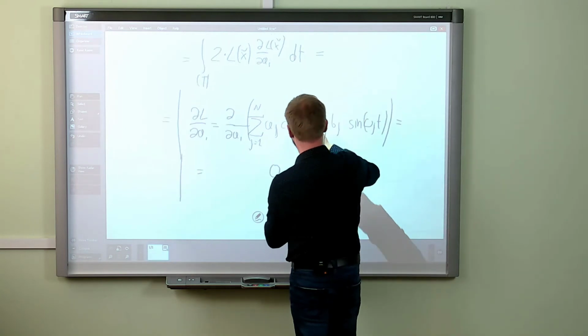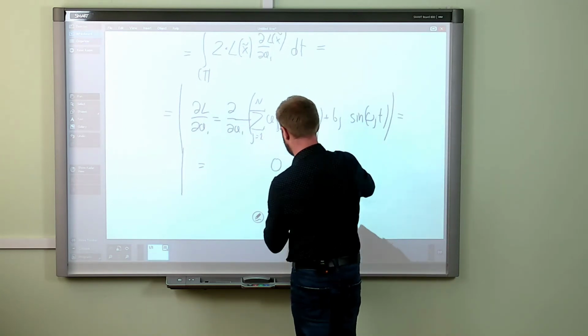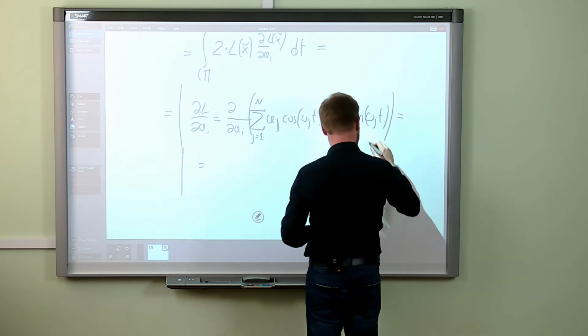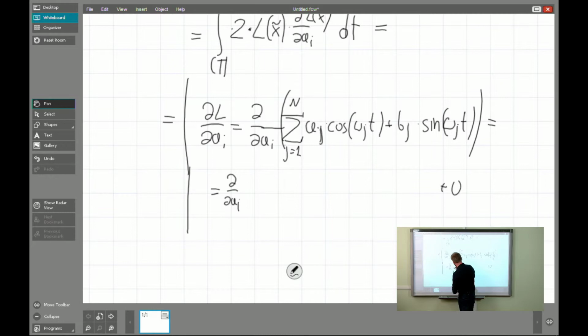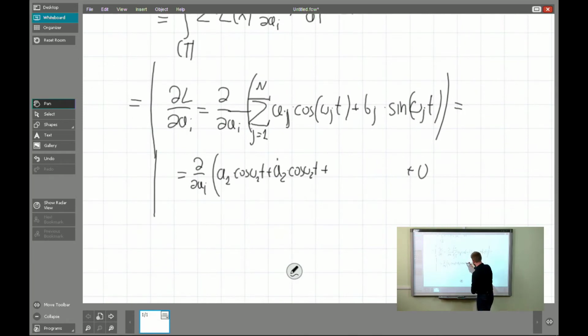I mean, approximately as that part of that sum, we have A1 times cosine omega 1 t plus A2 times cosine omega 2 t, through to Ai times cosine omega i t and the rest of the elements of that sum.